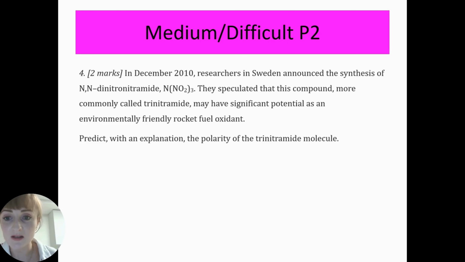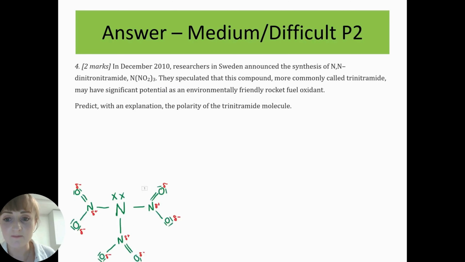Now let's look at a medium difficult paper 2. The first part of this question would require you to draw this molecule, and in this part you have to predict with an explanation what its polarity would be. The tricky part in this comes from the fact that the molecule is a little bit more complicated than the ones you're used to seeing.